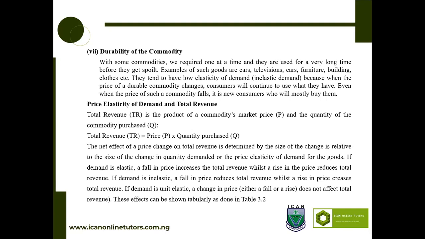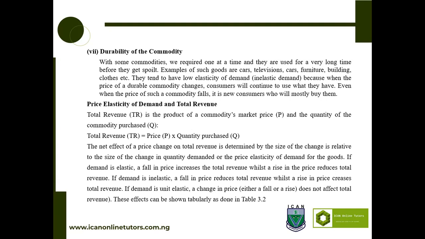Now we move on to price elasticity of demand and total revenue. Total revenue is the product of a commodity's market price, which is represented as P, and the quantity of the commodity purchased, that's Q, quantity. TR, which is total revenue, will be equal to price multiplied by quantity purchased.